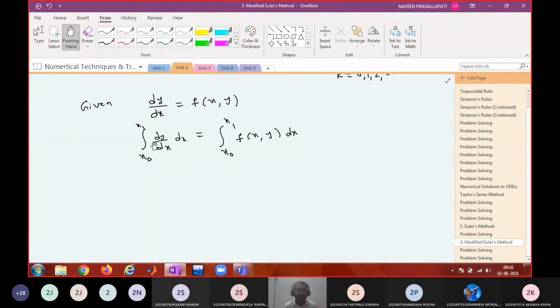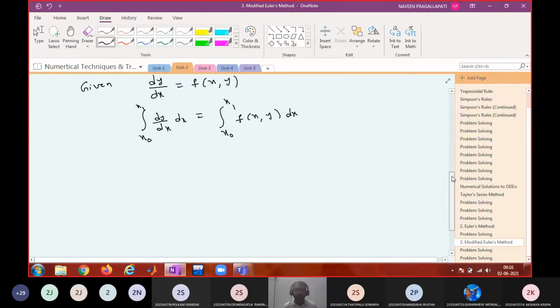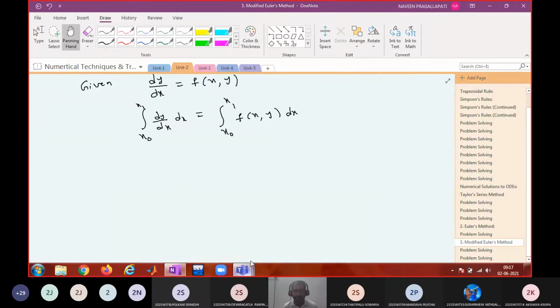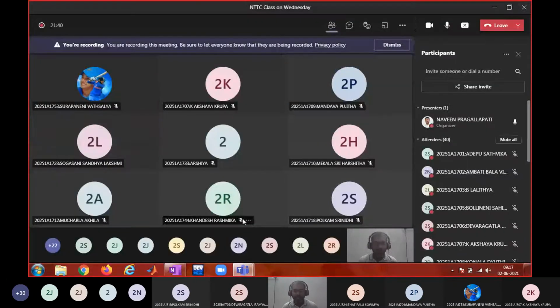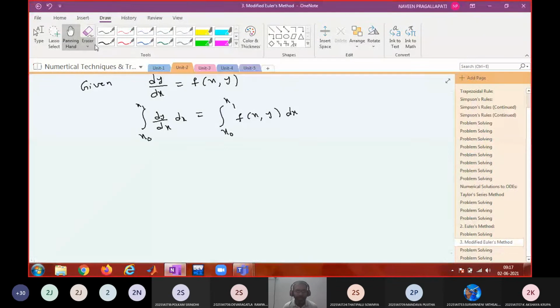Now what is the left hand side expression? What is the integral of a derivative? It is y, am I right?